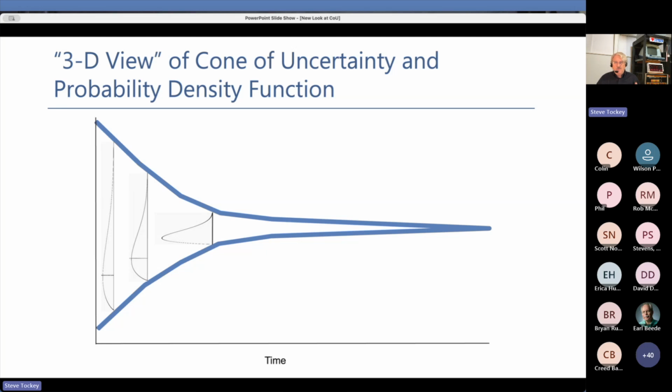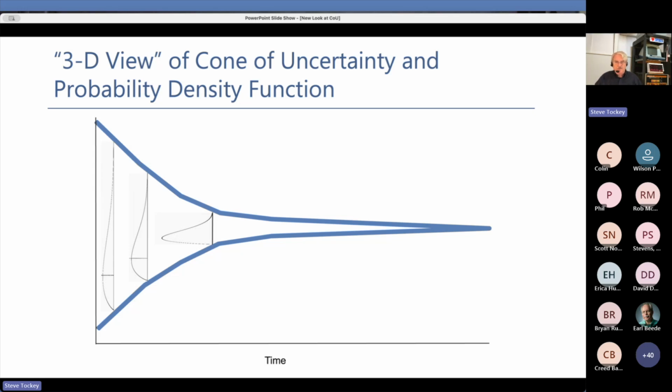And so what the cone of uncertainty is actually telling me is how that distribution changes from not very tall but very wide early to more narrow and taller, because at all points, every vertical slice, the cross section of that slice should have the same area, because we're talking statistically about the same probabilities here. So hopefully that helps you understand what's going on with this cone of uncertainty. And again, if you have any questions, you can toss something into the Q&A, and Earl and I could answer the questions later.